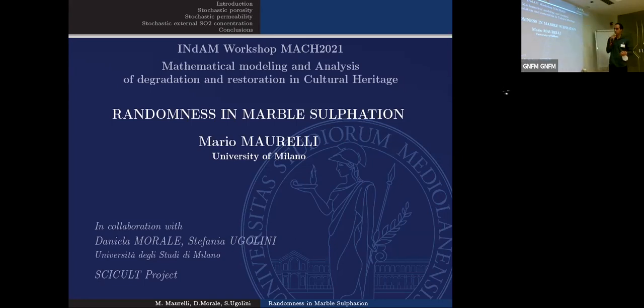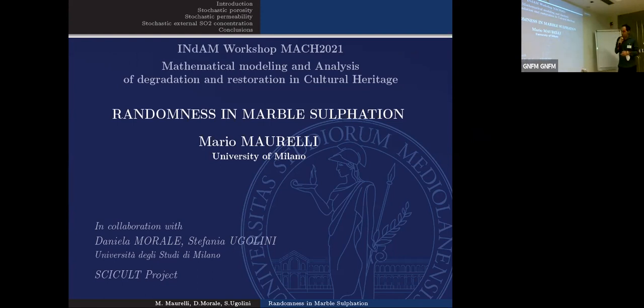This is a part of our project in Milan about joint mathematical and chemical analysis of the degradation, in particular of outdoor monuments, in particular about sulphation catalysis.